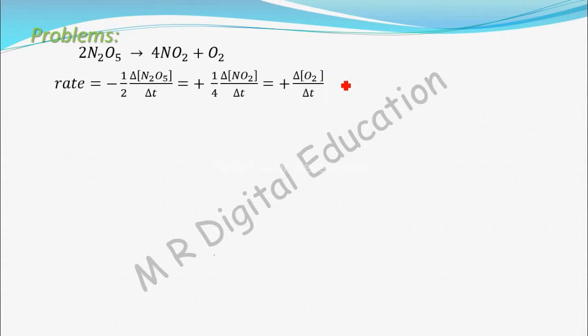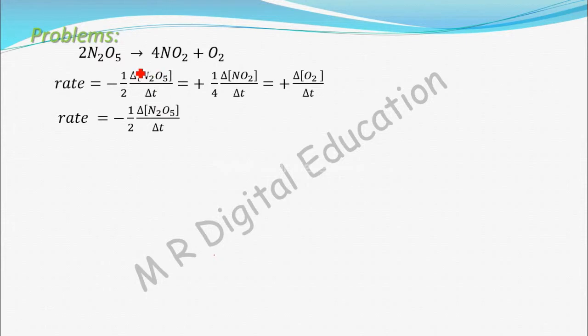Now in this equation we have to calculate rate. For that he has given the initial concentration and final concentration of N2O5, so from that you can find the change in concentration of N2O5, and for that change he has also given the change in time.